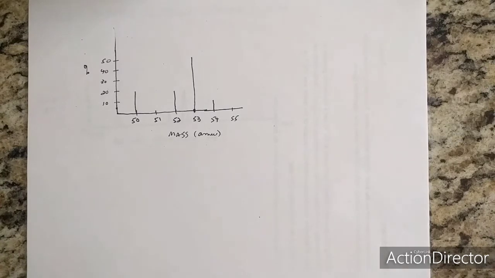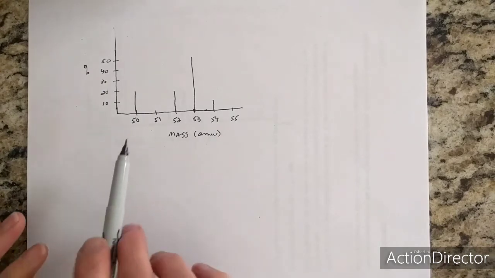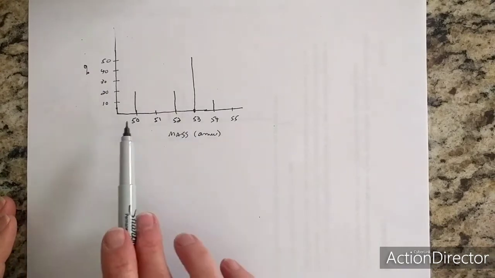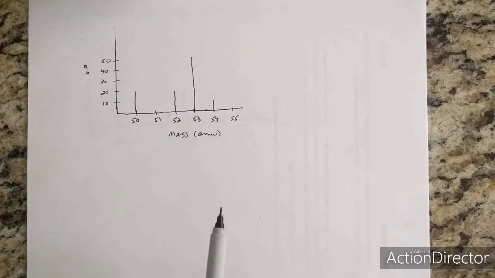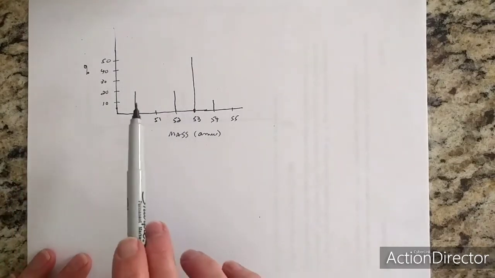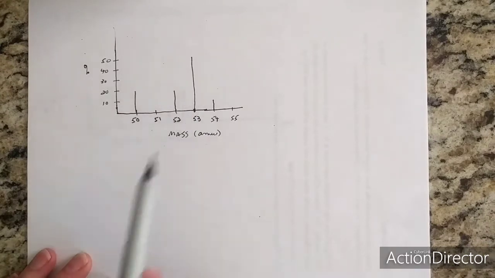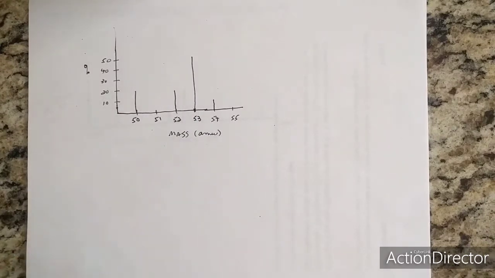Sometimes you're given the information in a graph. So here we have a graph, and we have our mass on the x-axis and the percent abundance on the y-axis. So for this particular element, we have 1, 2, 3, 4 different isotopes, and we can calculate the average atomic mass.